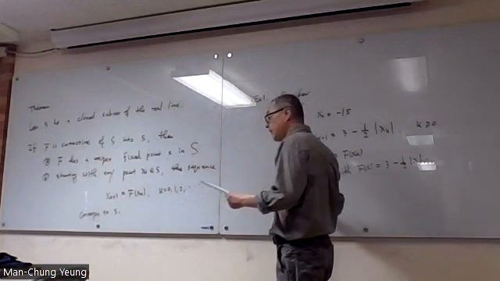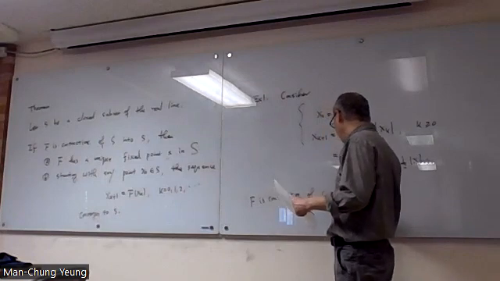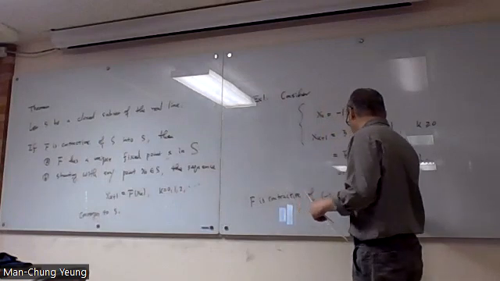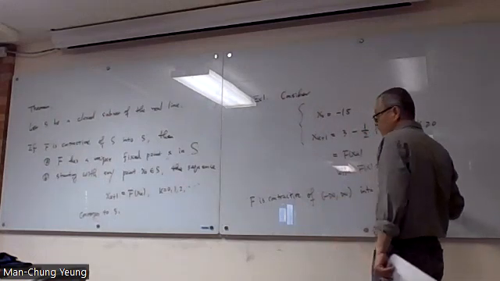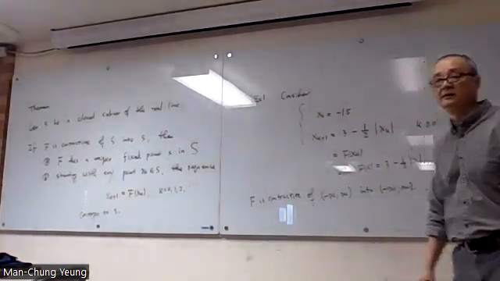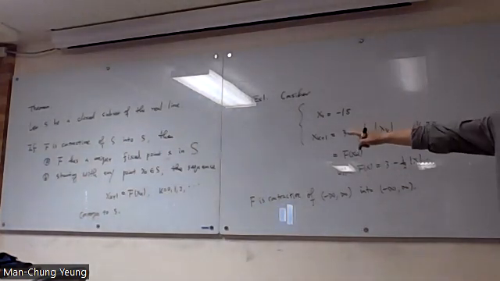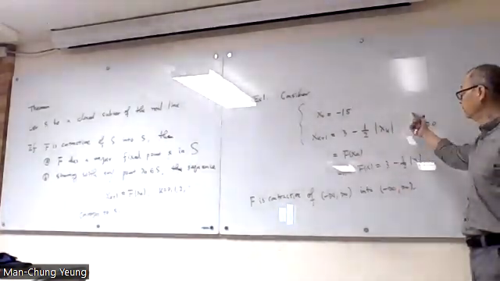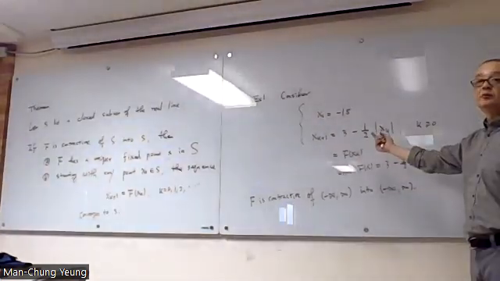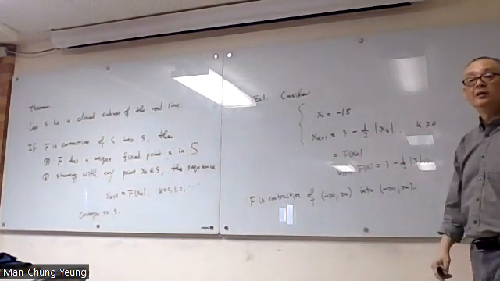For the details, you can take a look at my notes. Contractive from where to where? From negative infinity to positive infinity into itself. Now, starting with any number, the iteration will converge to the unique fixed point.